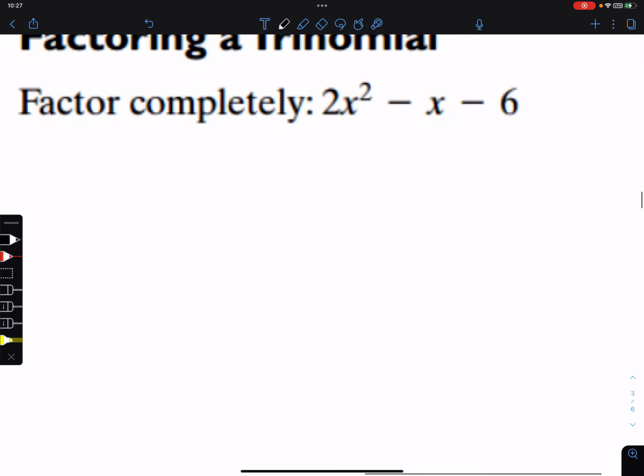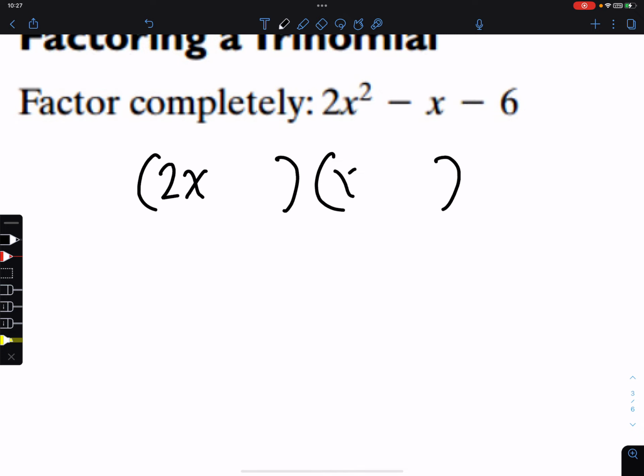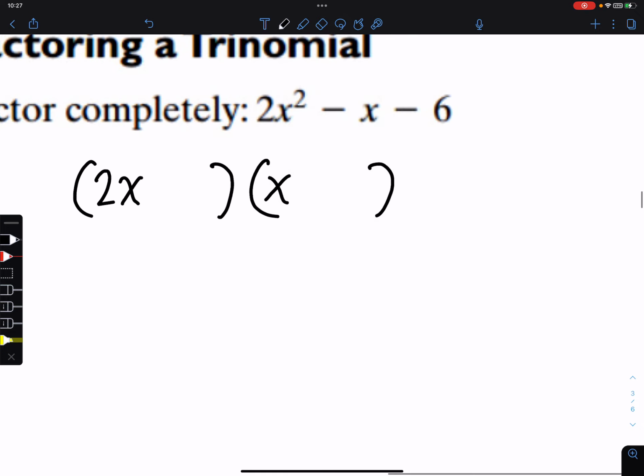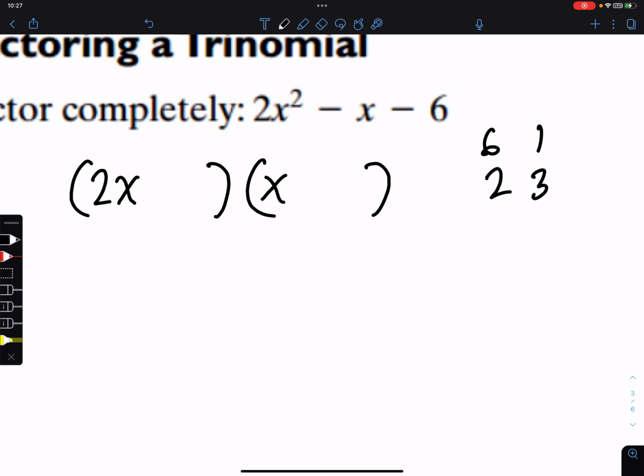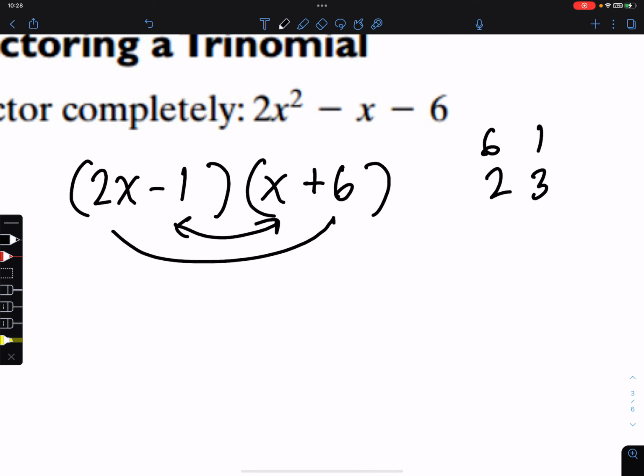Here, what times what can give me 2x squared? 2x and x, right? But then we look at our factors of 6 and 1, 2 and 3, right? And we think, how do I get -1? Like, let's try. If we put a plus 6 here and a -1 here, this gives me -1, but this times this gives me 12.